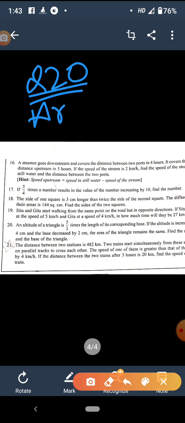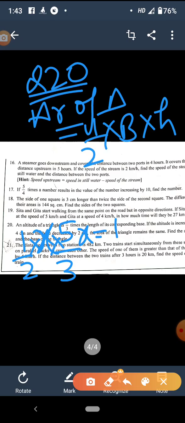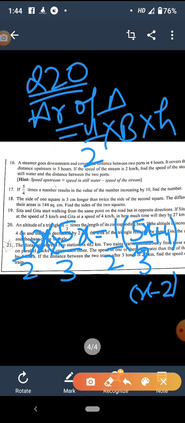Area of triangle is half into base into height. So half, base is x and height is 5 by 3 x, and when we change the altitude, we increase it by 4 and the base is reduced by 2, then it is this. So now do the calculation. 5x square upon 6.